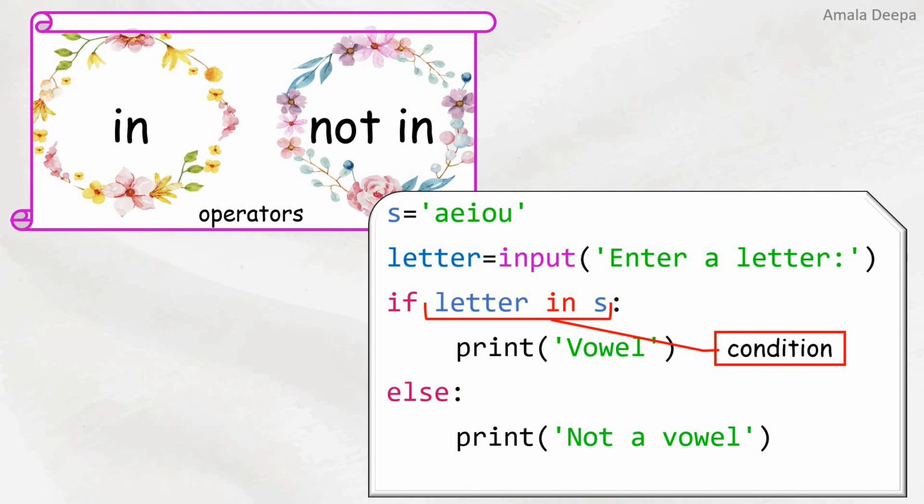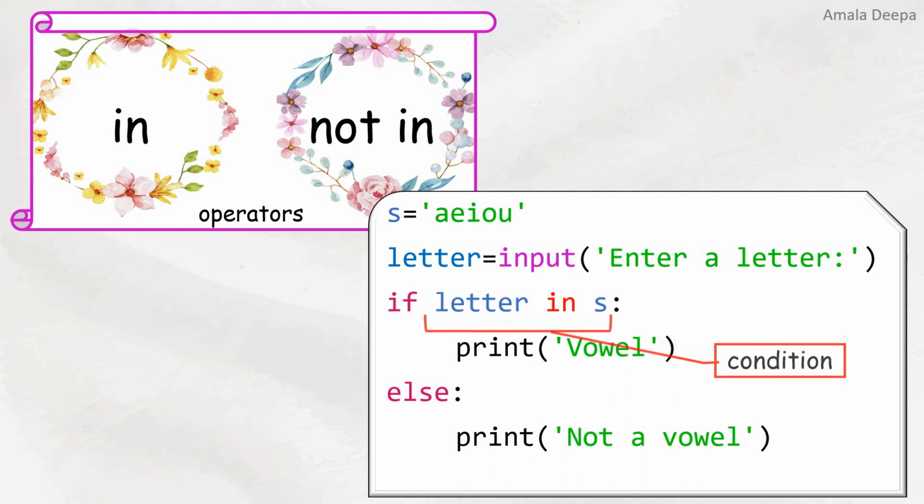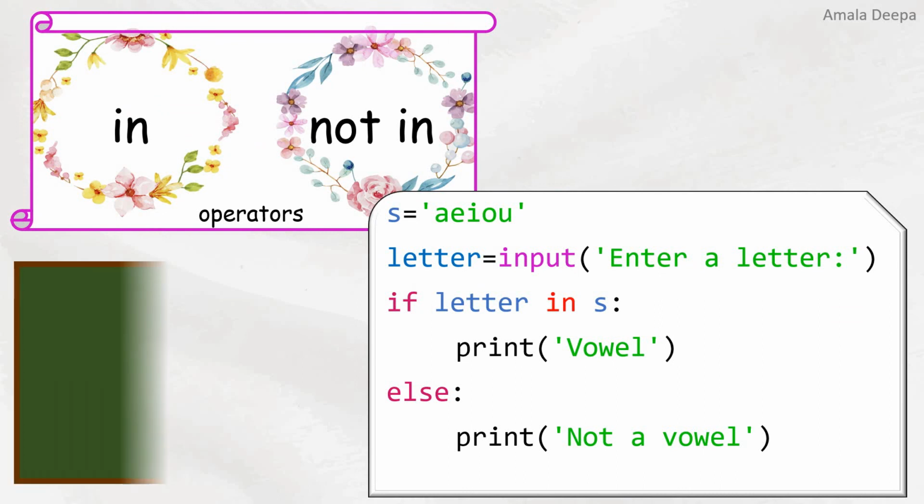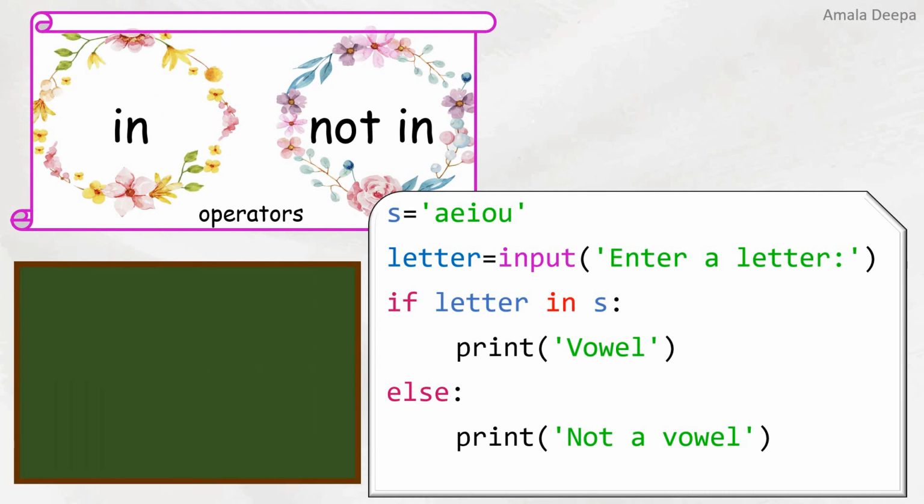So let us see what happens when I run this snippet. So the first statement which will be executed is the input statement. So in the output, you will see the prompt string, enter a letter. And the cursor will be waiting here for you to give an input.